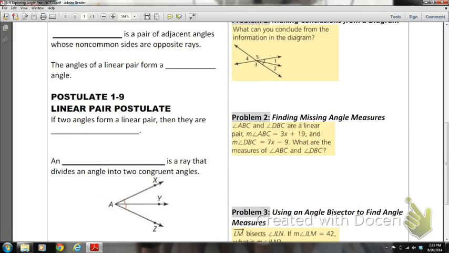And our last definition is a ray that divides an angle into two congruent angles is called an angle bisector. Here, ray AY is the angle bisector of angle XAZ because it divides the angle into two congruent angles.